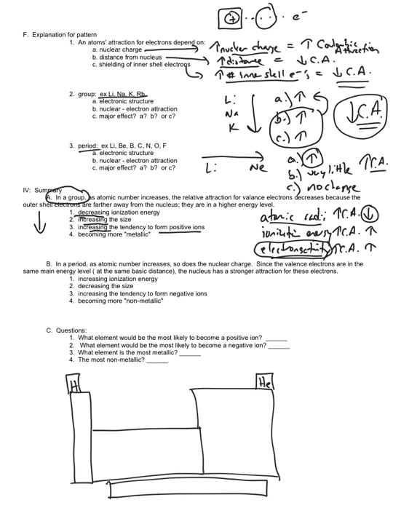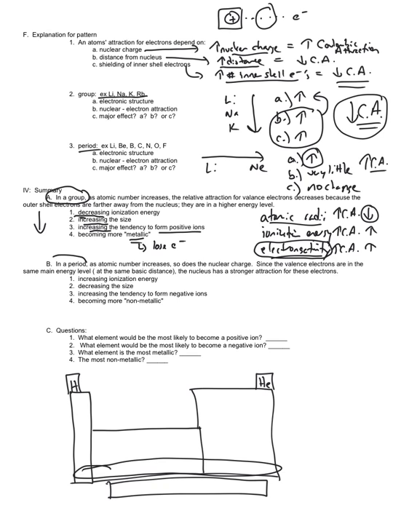So when I go down a family, elements in the bottom parts of the table tend to be more metallic. More metallic means metals have a tendency to lose electrons. And they're much more likely to lose electrons when you are bigger and you have a lower Coulombic attraction. So metals become more and more metallic as we go down a family.